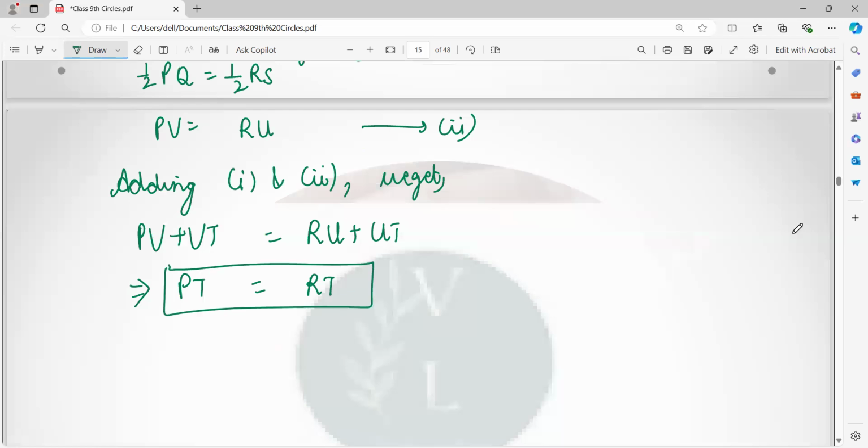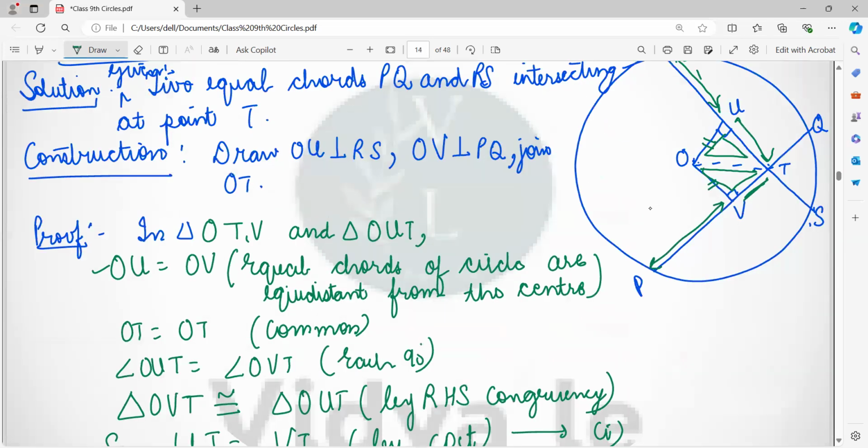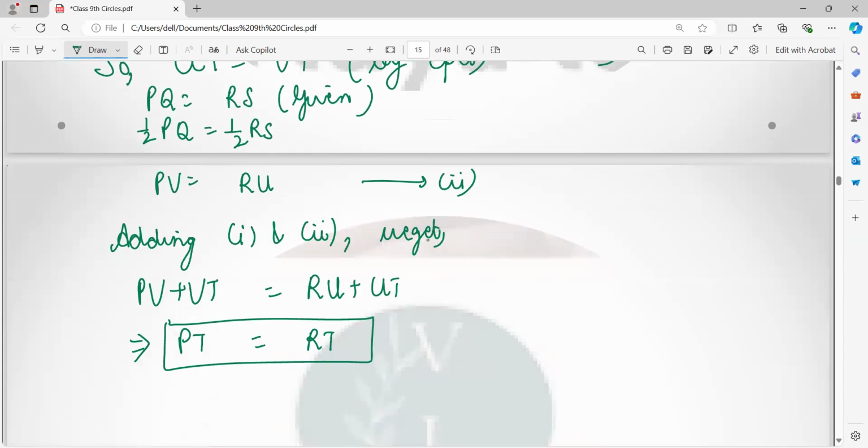And next we need to prove that TS is equal to its corresponding segment, that is TQ. Now we know that PQ is equal to RS. We are given this. And if I take away PT and RT from PQ and RS, we'll get TQ. So we'll mark it equation 3.